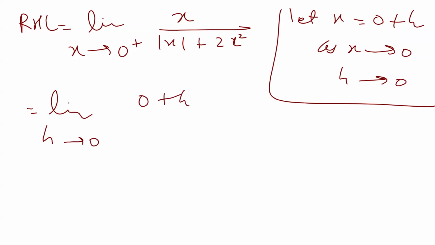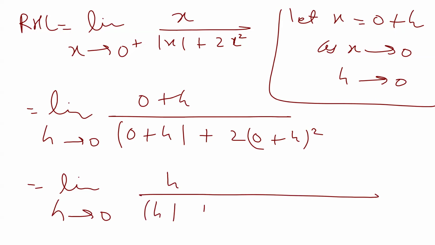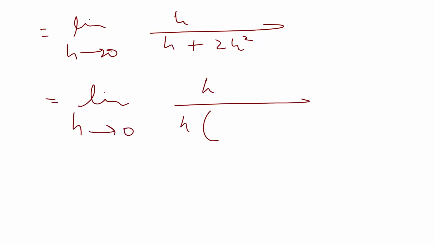Limit h approaching 0, h upon (modulus of h plus 2h square). Modulus of h will be h in the next step. So h upon (h plus 2h square). Take h common in the denominator, so it will be 1 plus 2h.